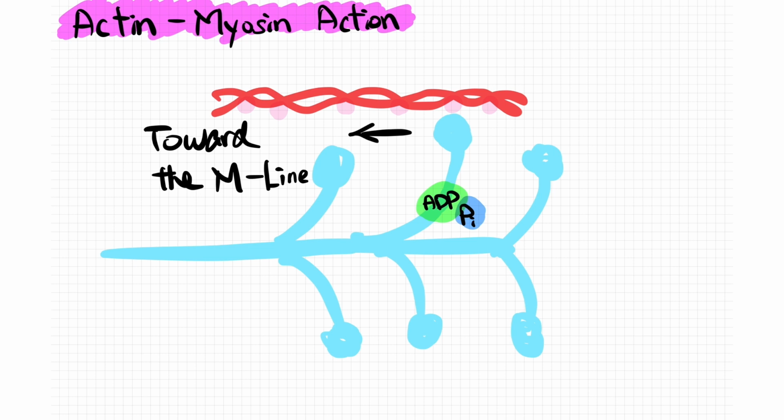Money only has value when it is spent, and ATP only has value when it is split into ADP and inorganic phosphate. Now this activates the myosin into a standing position. It binds to the binding site on actin and slides the actin toward the M line, producing the contraction.